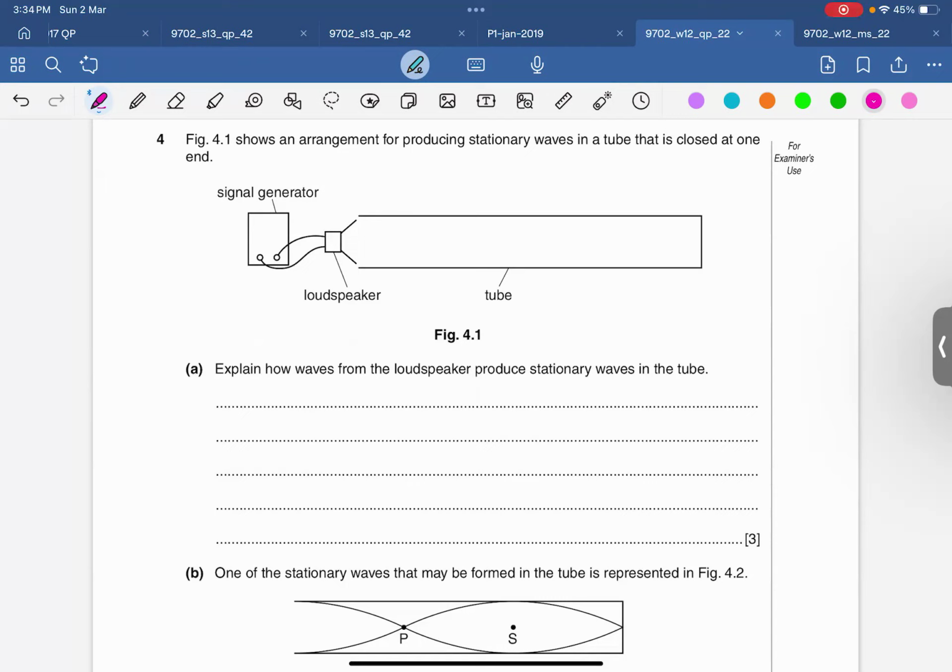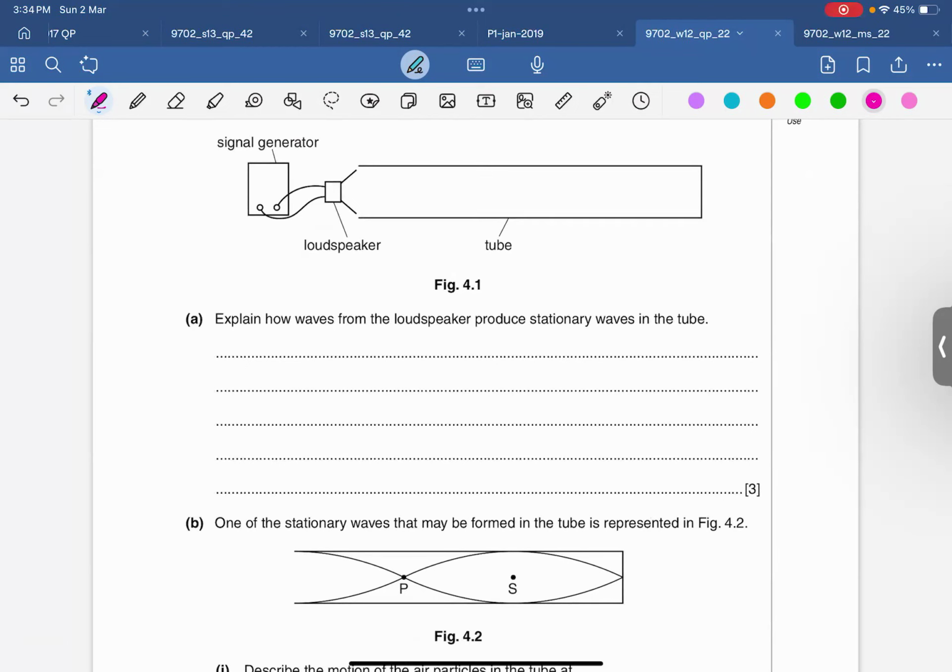The loudspeaker will generate sound, so you adjust the frequency of the sound, and the sound will travel from the speaker and get reflected back from the wall, and it will overlap. The incident and reflected waves, since they are in opposite directions, have the same frequency and same amplitude, and when they overlap, they form a series of nodes and antinodes. So this is a complete answer.